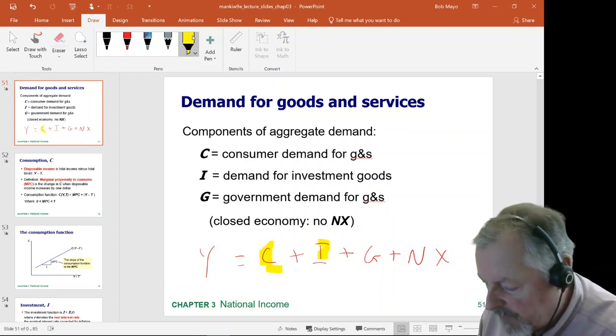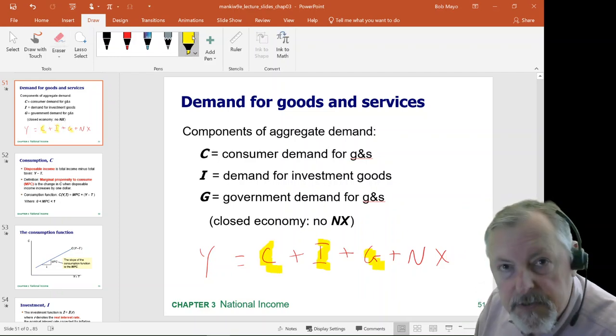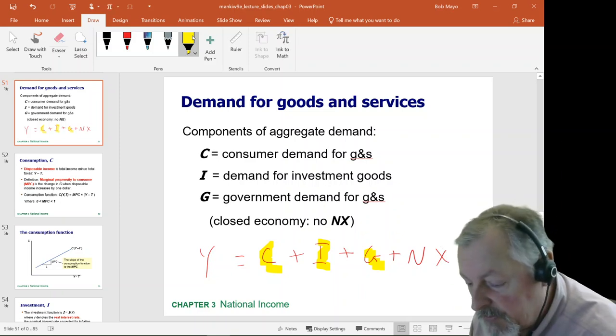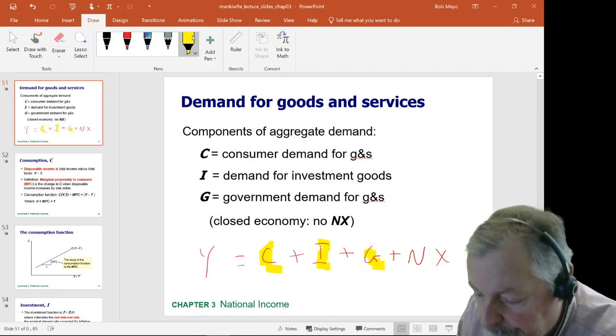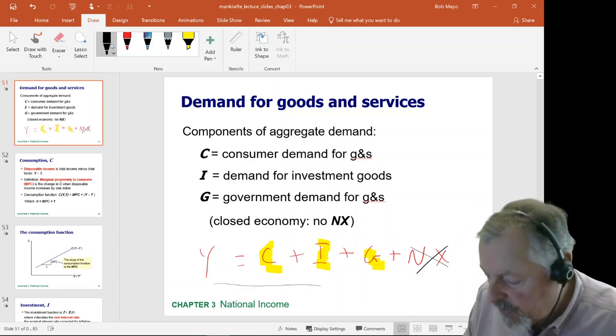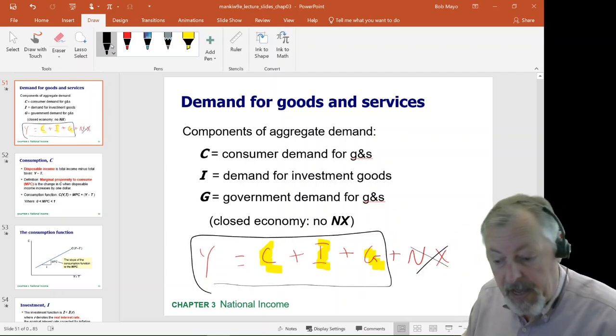Consumption plus investment plus government spending plus net exports. But this is a closed economy. No imports, no exports. So it's just that.